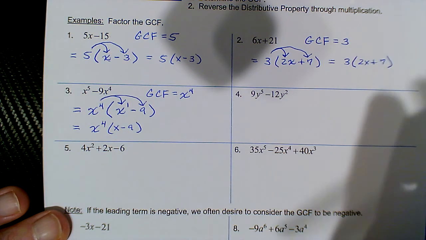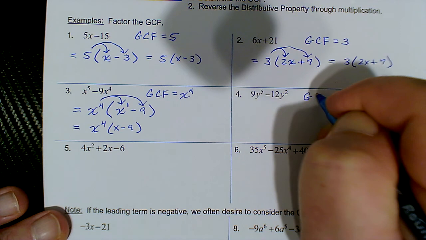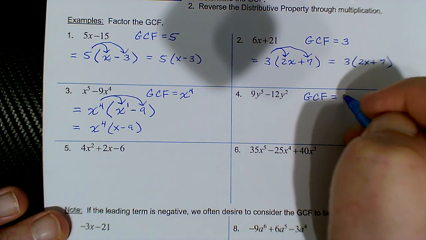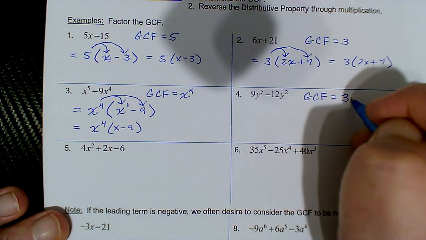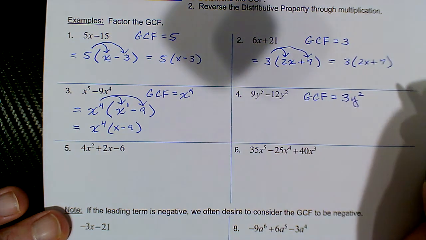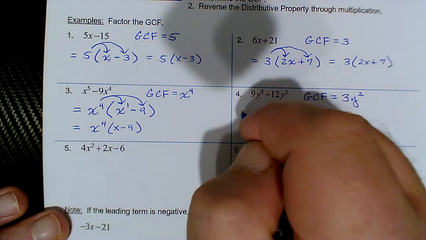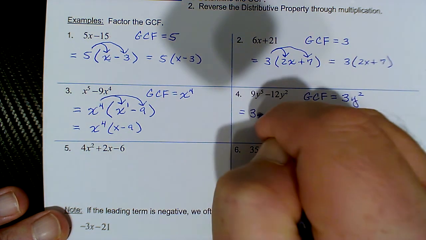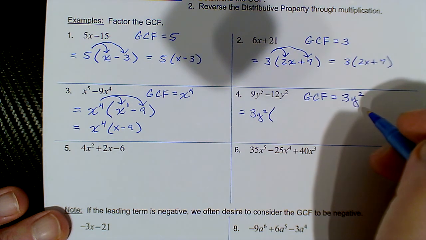All right, here's one with coefficients and variables. The greatest common factor between 9 and 12 is 3. And between y to the fifth and y squared would be y squared, the smallest exponent again. And so then we write down that greatest common factor, 3y squared, open up a set of parentheses, and reverse the distributive property.